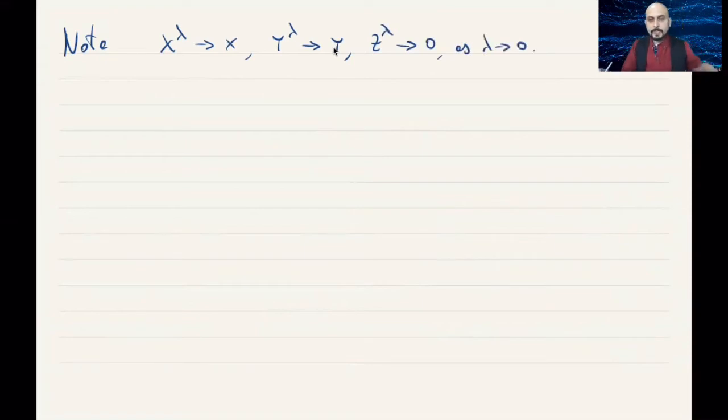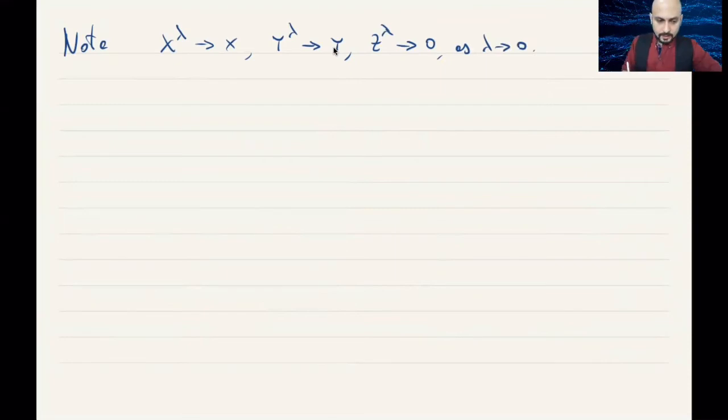I'll make you notice that x lambda converges to x, because it's actually constantly equal to x, y lambda converges to y, and z lambda instead converges to 0 as lambda goes to 0.